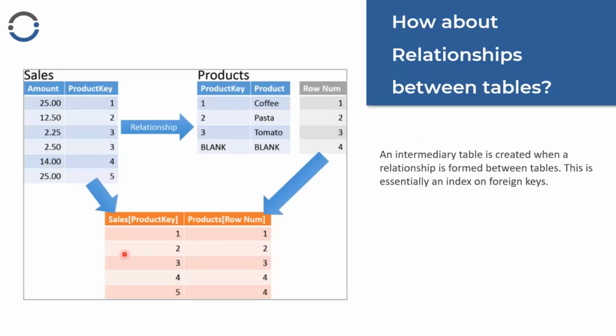But one of the other things that happens is if you have key mismatches, you're going to see here that product keys 4 and 5 in the sales table don't exist in my product table. So when you have key misses, it's going to automatically create a blank row where no data exists. It's going to have the value blank and be displayed as blank. But that will get a row number in our relationship table.